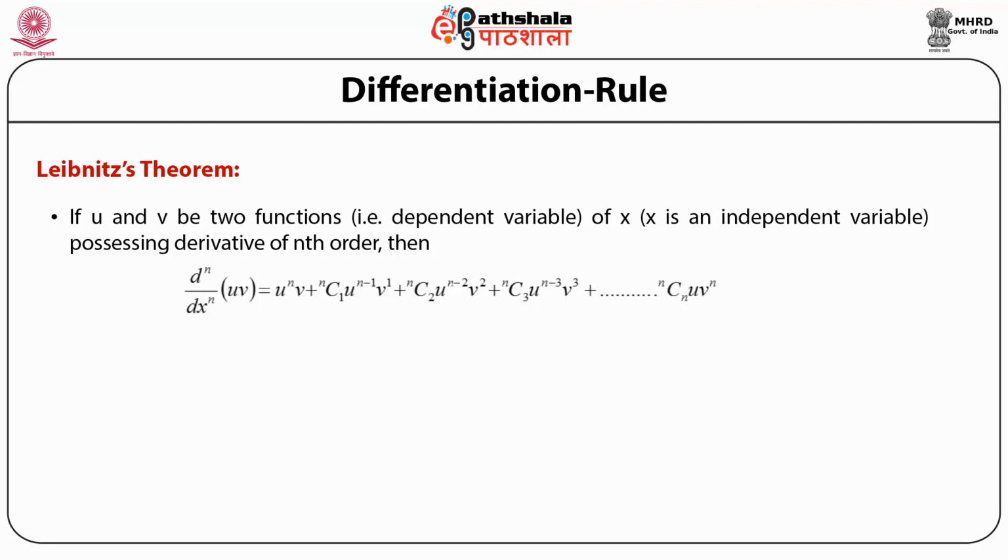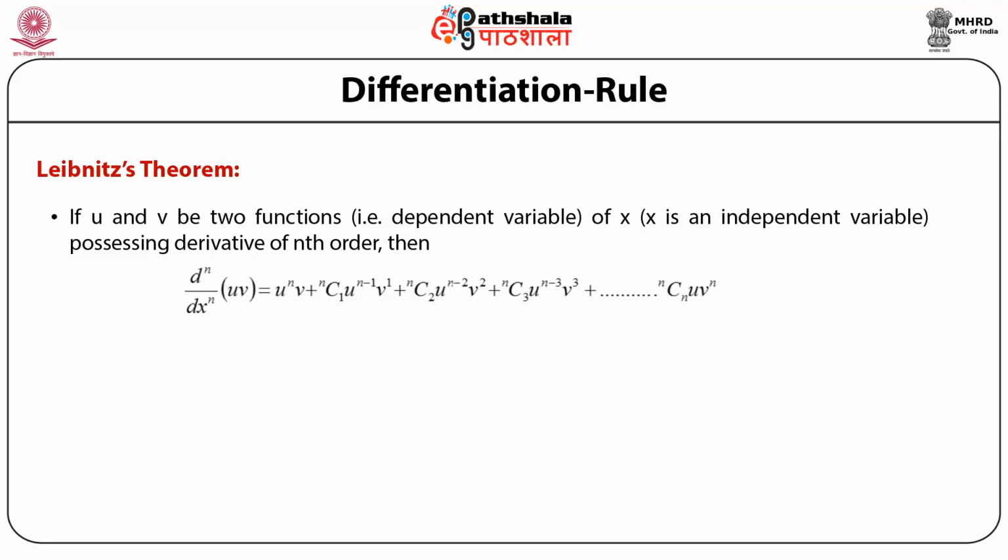You can see that nC1 is equal to n, nC2 is equal to n into n minus 1 divided by 1 into 2. Similarly, the value of n keeps changing. Then the final nCn is going to be 1.